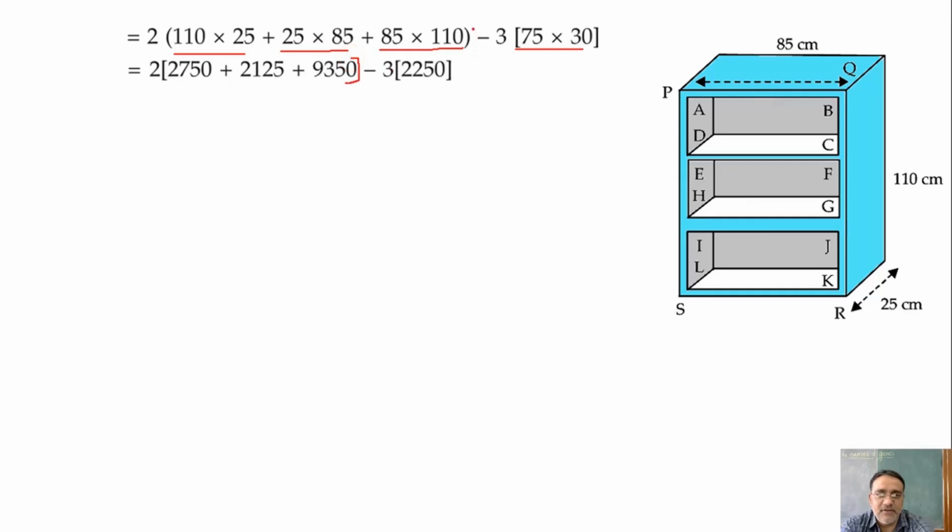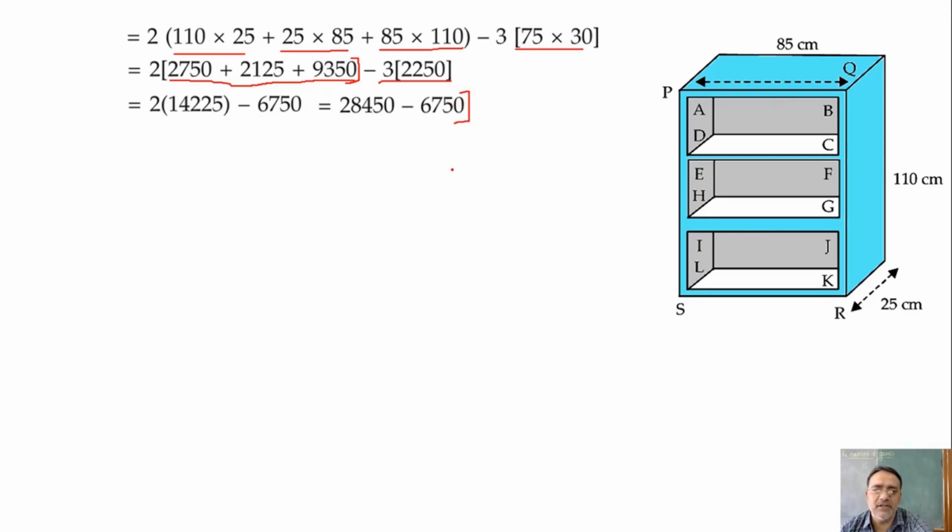So 2750 plus 2125 plus 9350 into 2. Then we will multiply these two also. That is 6750. So we are getting finally 28,450 minus 6,750. That is equals to 21,700. Right. So any doubt?